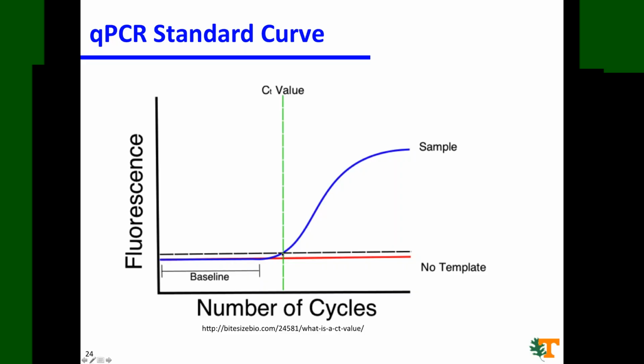Now you can imagine if you have little template DNA, target DNA, it will take more cycles to generate enough fluorescence to cross that threshold. If you have a lot of template DNA, it will take fewer cycles for the fluorescence to cross that threshold. And that's how you can quantify.